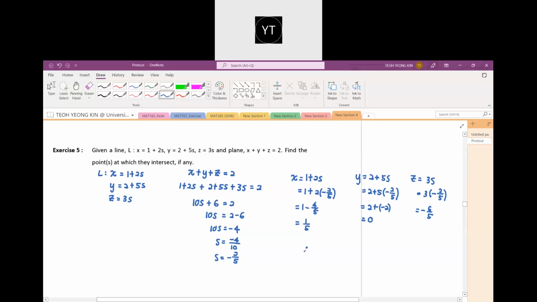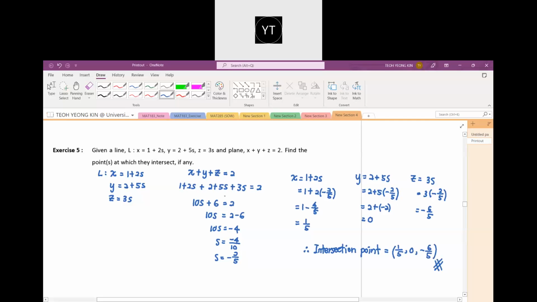Therefore, the intersection point is 1 over 5, 0, and negative 6 over 5.